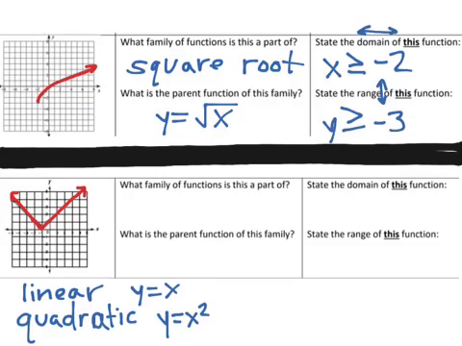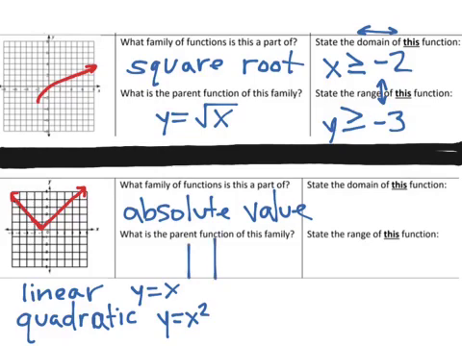Alright, last family of functions that we have. There are more families, but this is the last one we're covering, is absolute value. And we've seen absolute value before, where it's an operation where you take two lines and whatever is inside it turns positive.